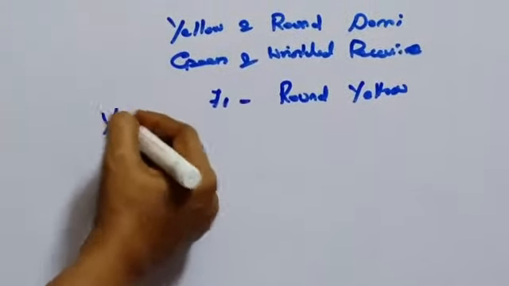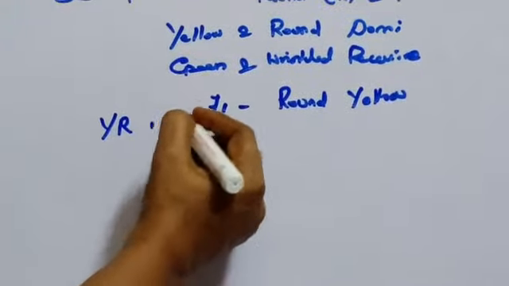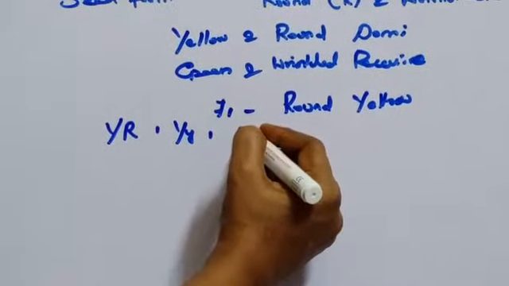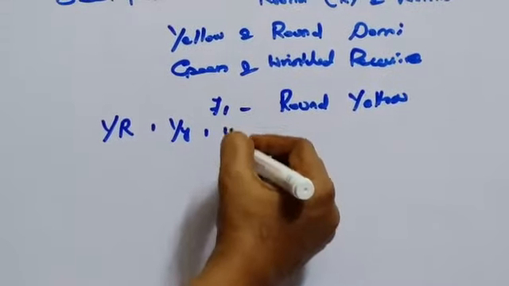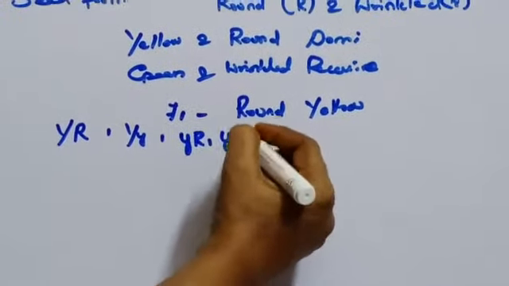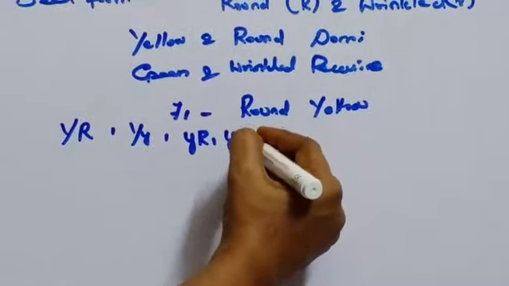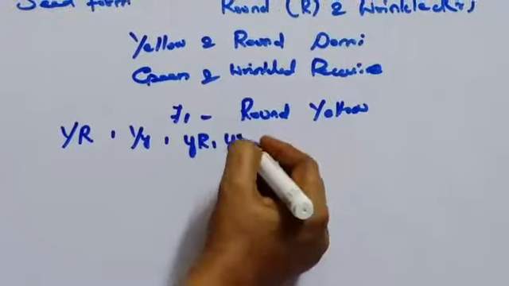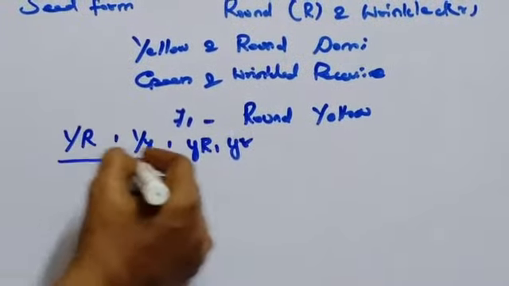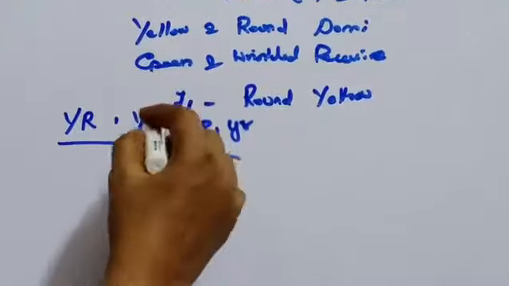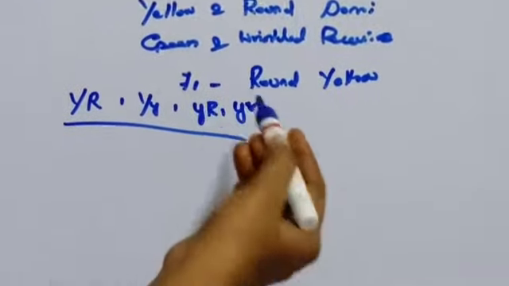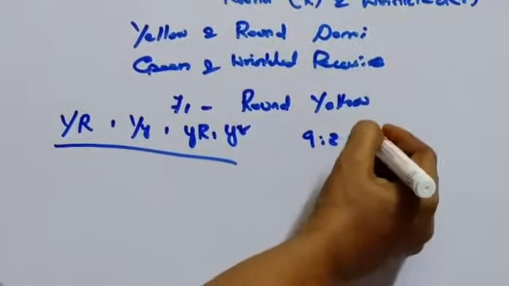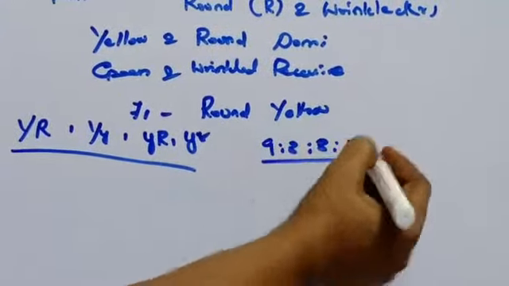That is yellow round, then yellow wrinkled, then green round, then green wrinkled. So these are the 4 types of plants got when F1 progeny is selfed, and the ratio is 9:3:3:1. This is dihybrid ratio.